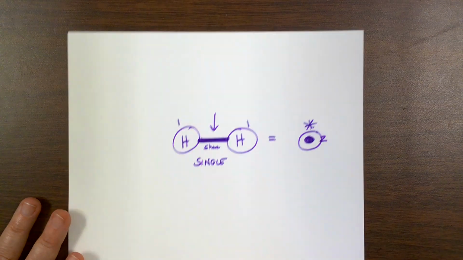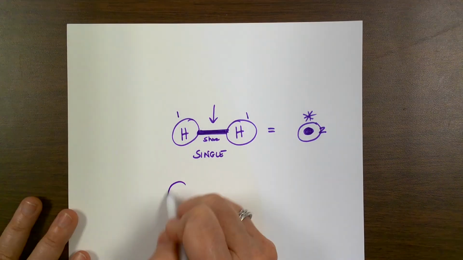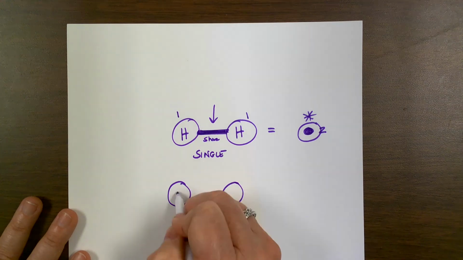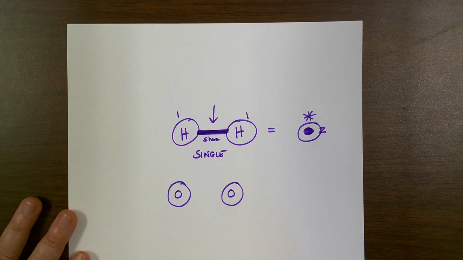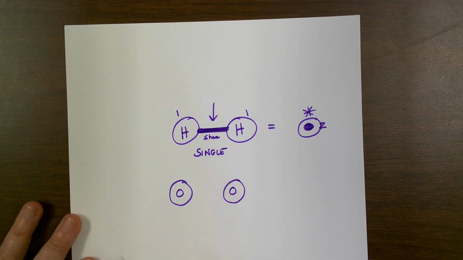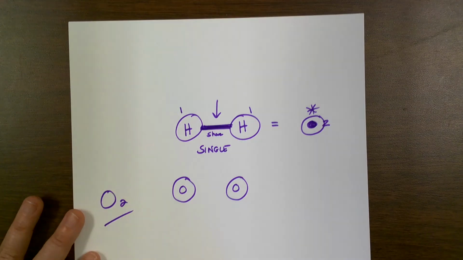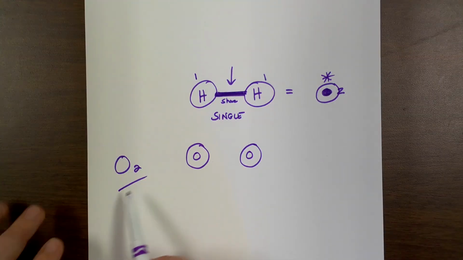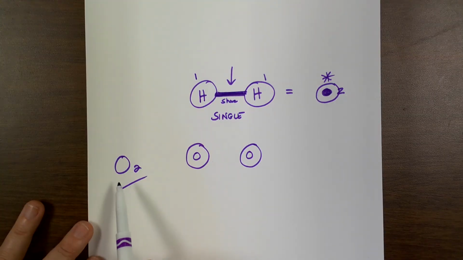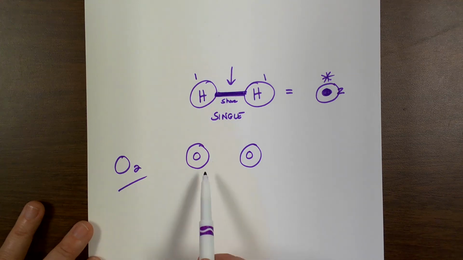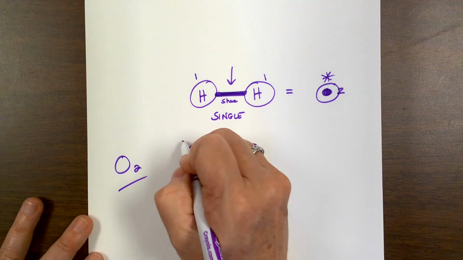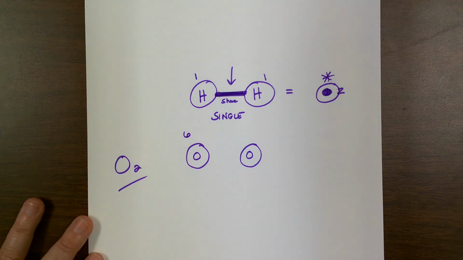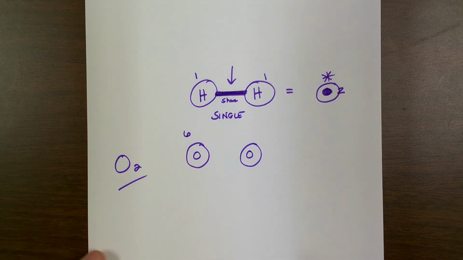Okay, but then some atoms, like oxygen, do something different. If oxygen forms a bond with herself, because you always learn that you breathe in O2, that means you're breathing in a molecule of not just one oxygen atom, but 2 of them bonded together because they want to be stable. If you look at the periodic table, oxygen by itself is a 6, so it needs 2 more electrons to be stable.